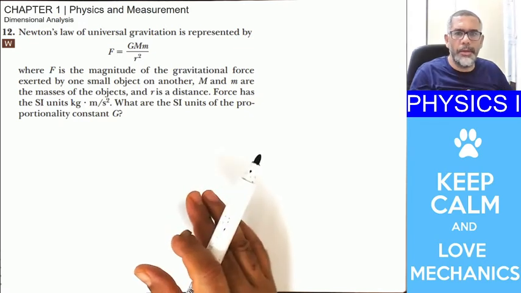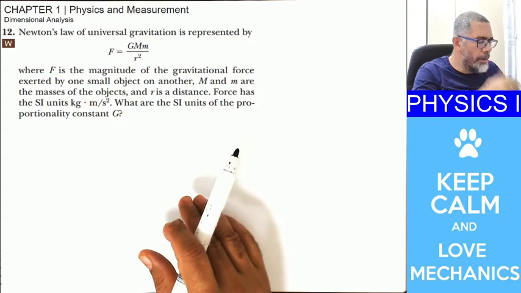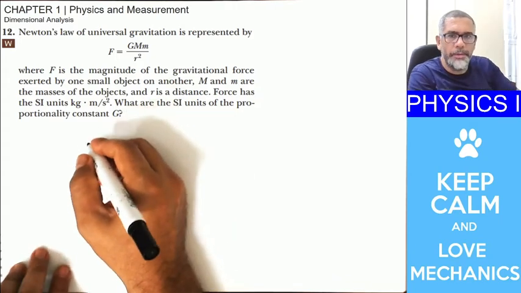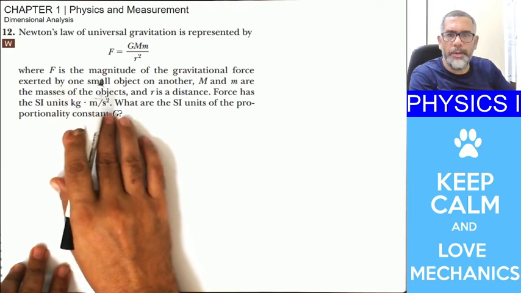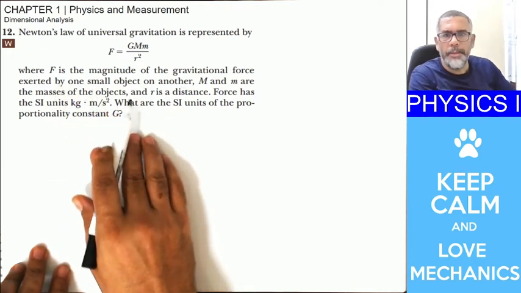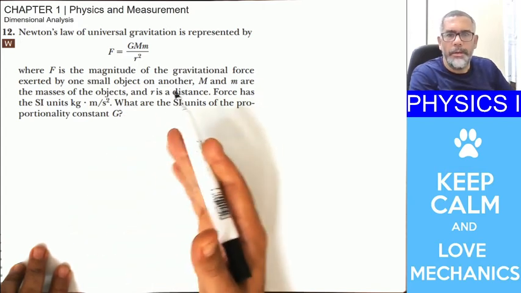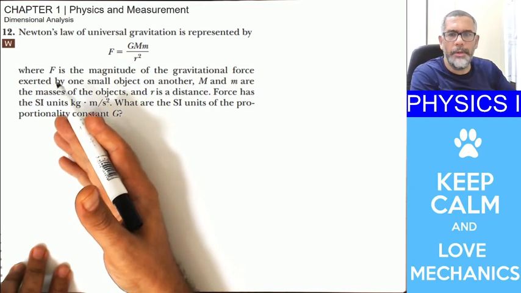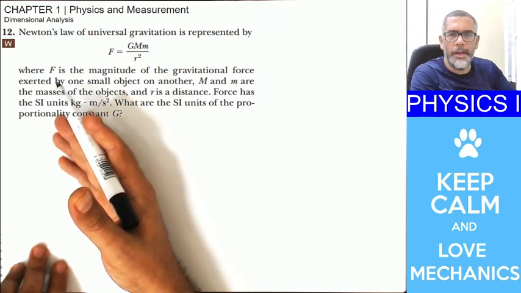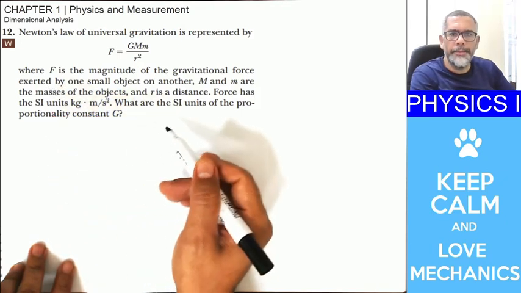So it's about the attraction force between two masses. This is called the universal law of gravitation. F is the magnitude of gravitational force, and these small m and capital M are masses. So it gives what these are, because we will be able to write down what the dimensions of these quantities are. And R is a distance.